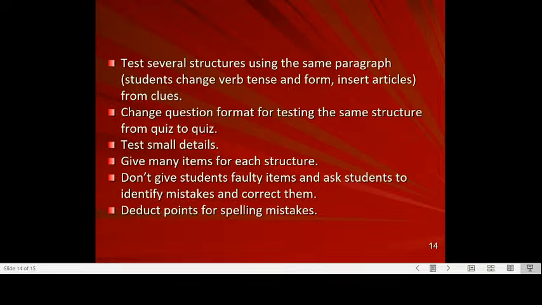Test several structures using the same paragraph. For example, students change the verb tense and form, insert articles and clues. Change the question format for testing the same structure from quiz to quiz. If you're going to test, for example, the singular and plural forms, change the question format.